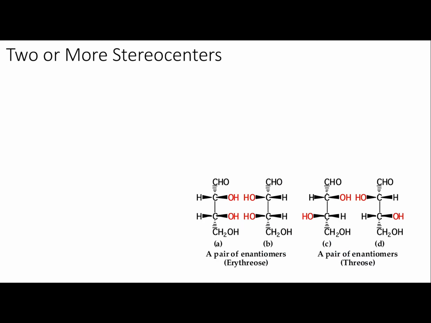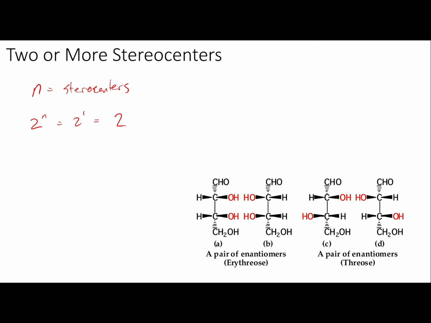Sugars often have multiple stereocenters. For a molecule with N stereocenters, N being the number of stereocenters, the maximum number of stereoisomers is 2 to the N. We've already verified that. For example, a molecule with only 1 stereocenter is 2 to the 1, or 2.